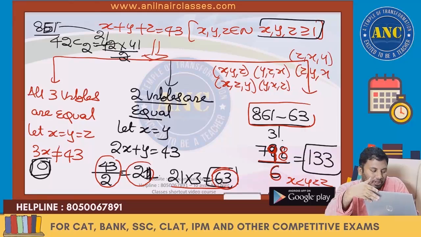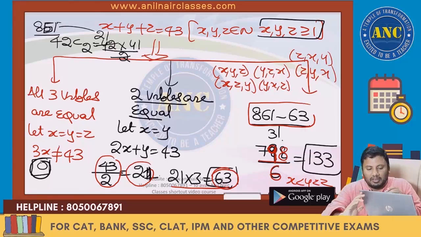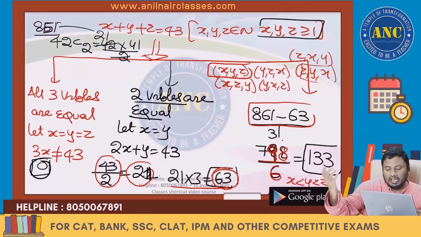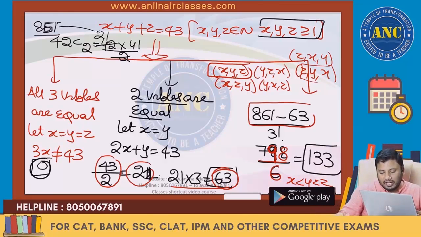Depending upon the condition imposed in the question, if x is less than y less than z, it is 1 by 6 of 798, which is 133.